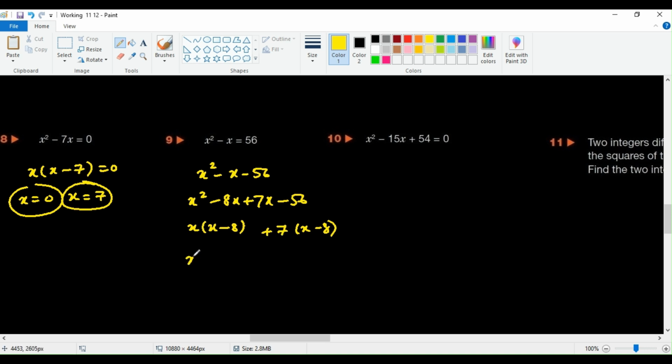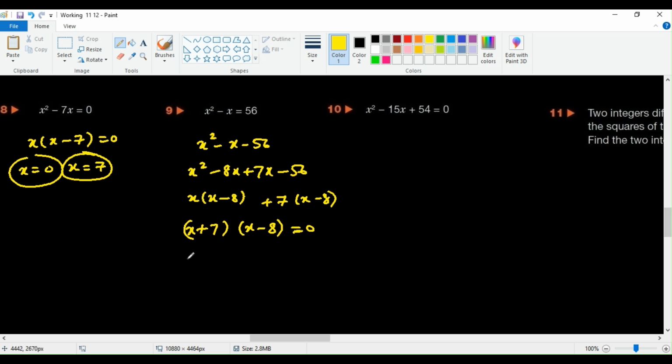That means x plus 7 comes in the first bracket, x minus 8 goes in the second bracket. So this is going to give us two different values. First, x equals negative 7 and x equals positive 8. Both are the two possible values of x.